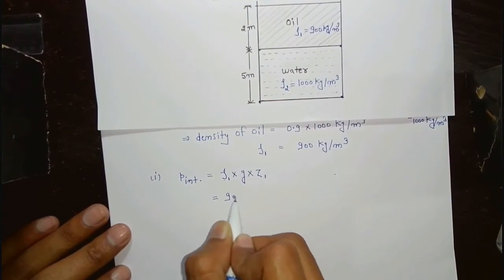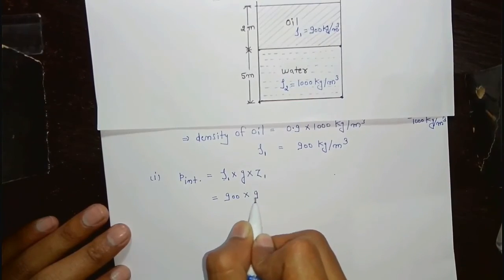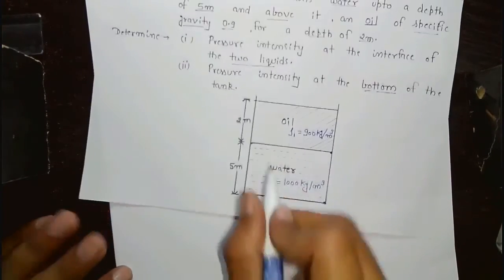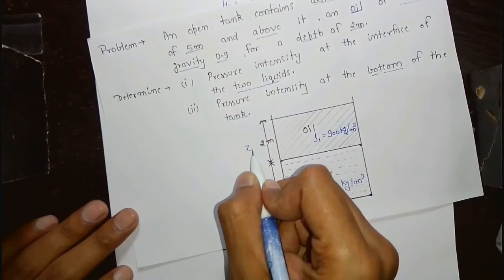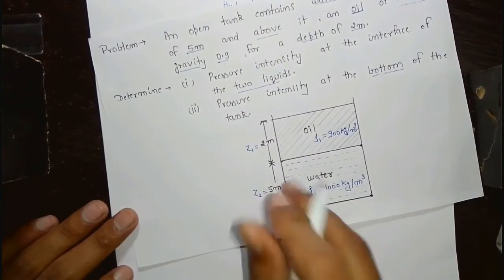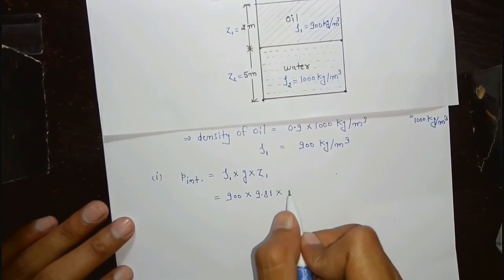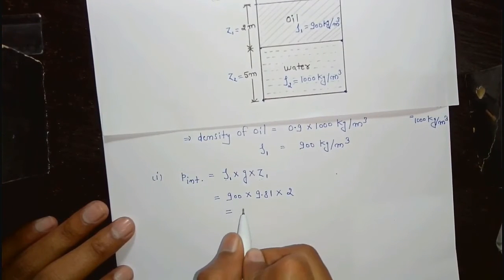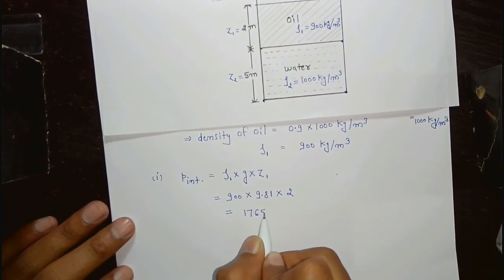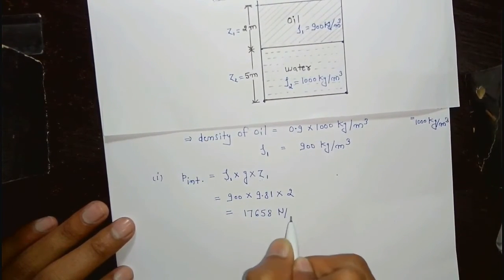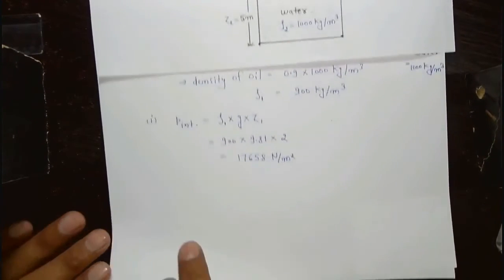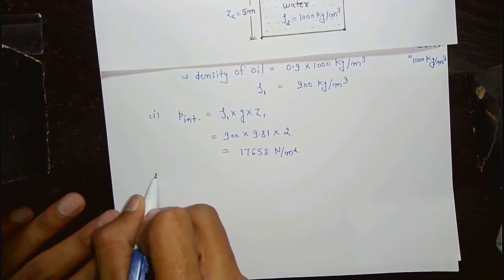So rho 1 is 900, g is gravitational acceleration 9.81 and Z1 is equal to 2 meter and Z2 is equal to 5 meter. So this will be equal to 17,658 Newton per meter square.